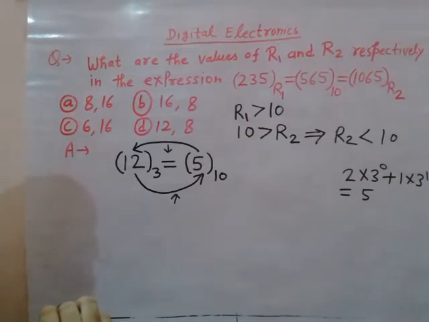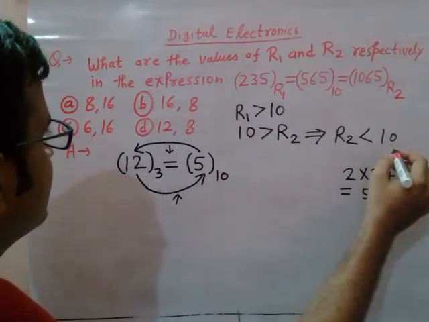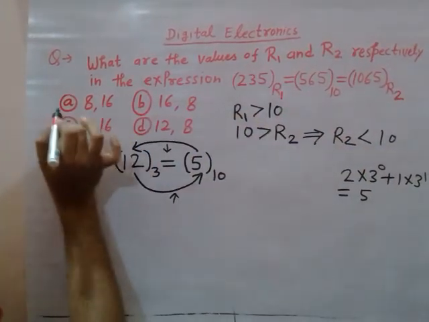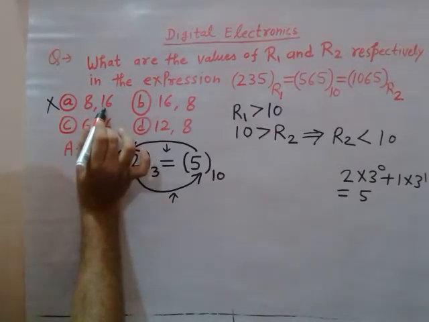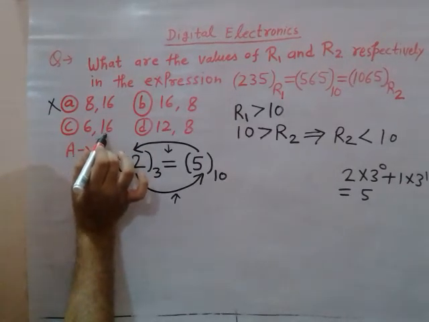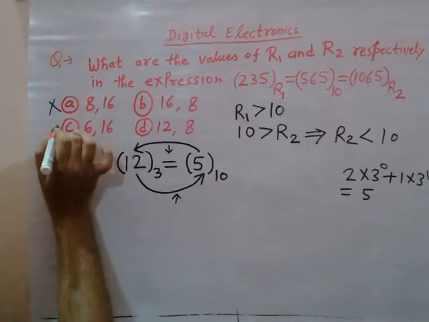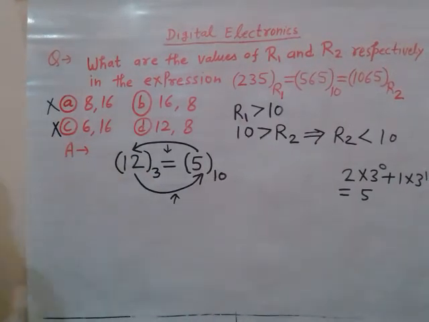R2 is less than 10, that means option A is wrong. Why? Because R2 is 16, which is more than 10. Similarly, option C is wrong because R2 is 16 here, which is more than 10.